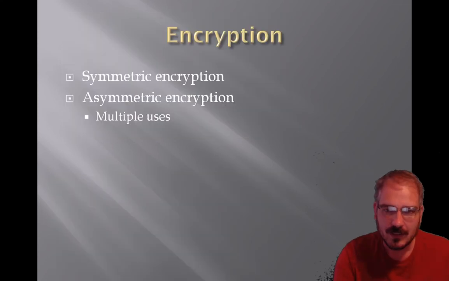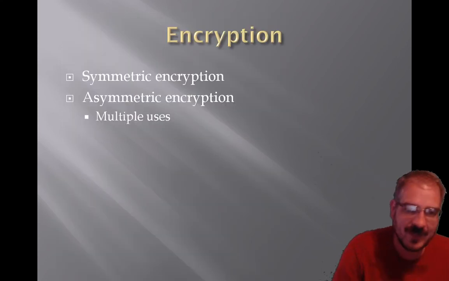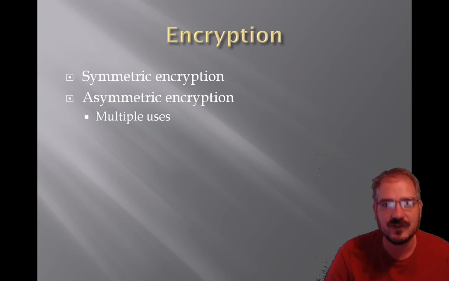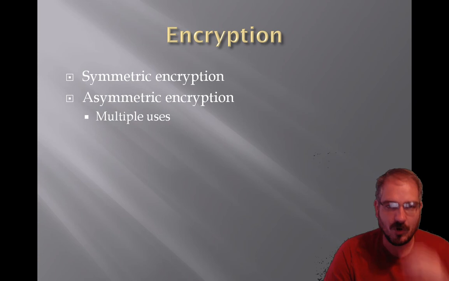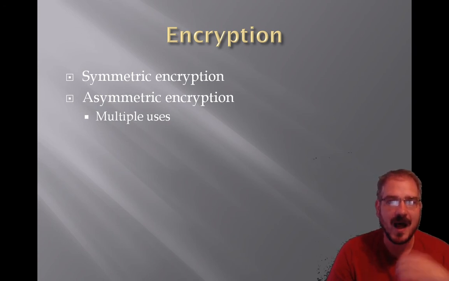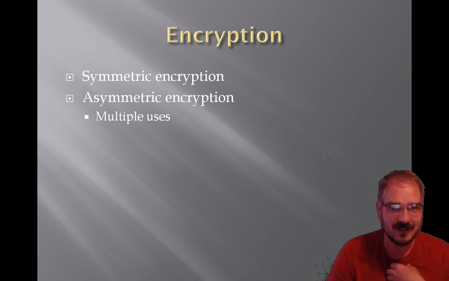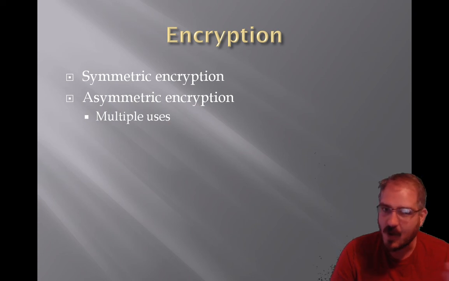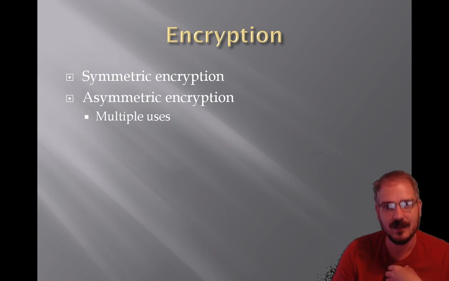But what's really cool about asymmetric encryption is it has other uses than just securing messages. It has more uses than just the confidentiality part. So imagine a situation where I encrypt something using my private key and then post it on the internet. And now anybody who wants to can decrypt that thing using my public key.